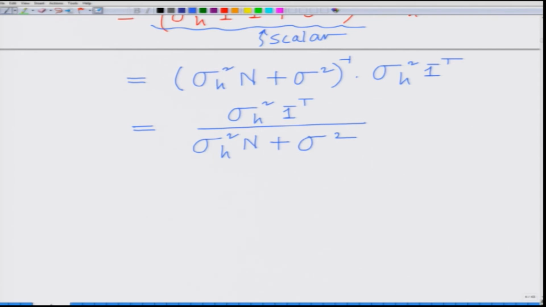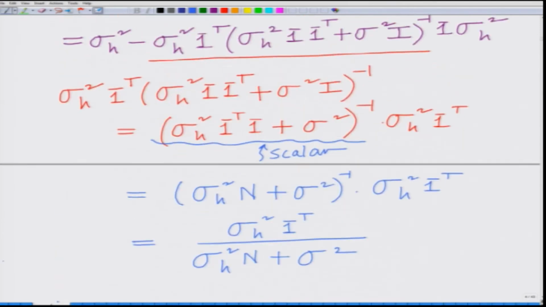Okay, so this is the simplification. Now, let us call this quantity star. These two are equivalent.